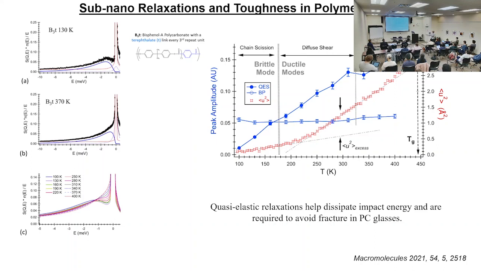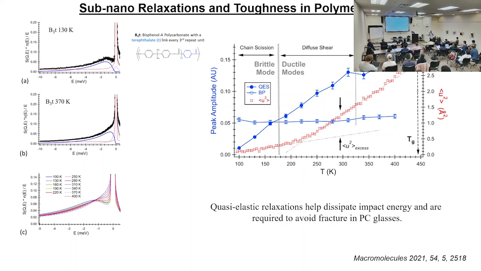What is important here is that the temperature at which quasi-elastic relaxations take over the boson peak is not far away from where the material goes from brittle, meaning less tough, to ductile mode, meaning where it is really tough. So what happens in polycarbonate is that on the low temperature side, these quasi-elastic relaxations are either absent or very weak.